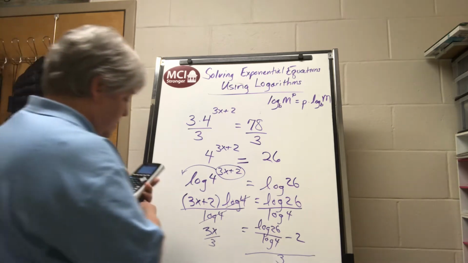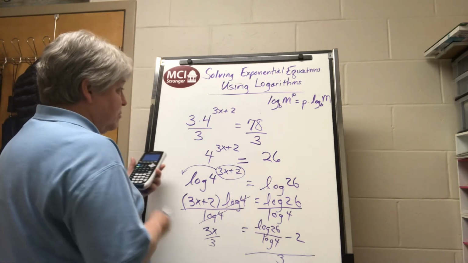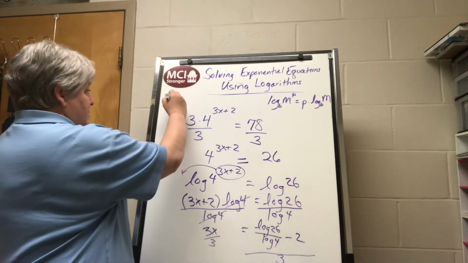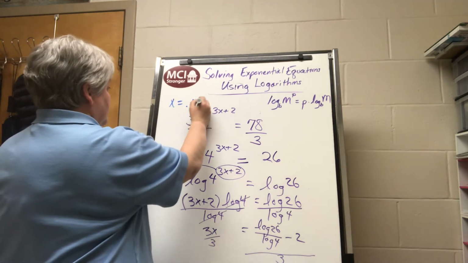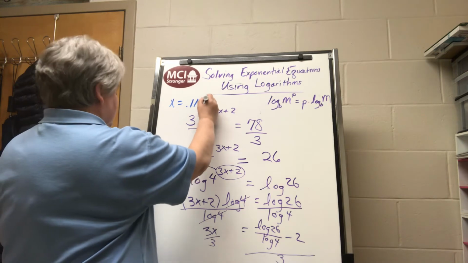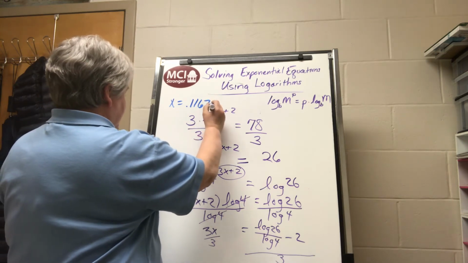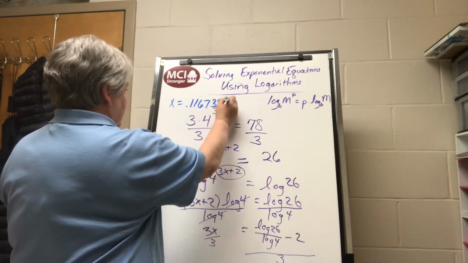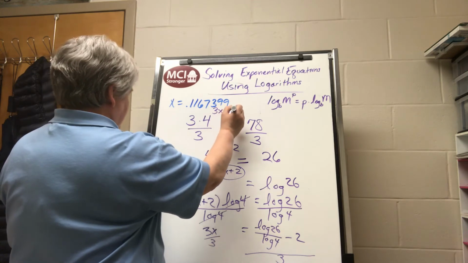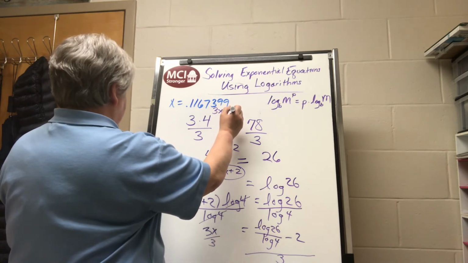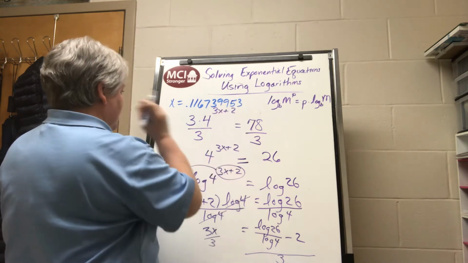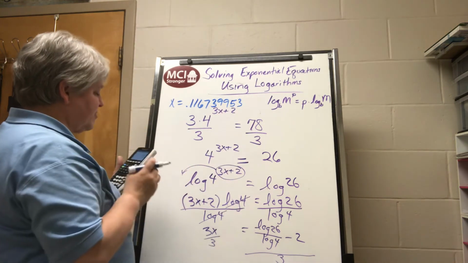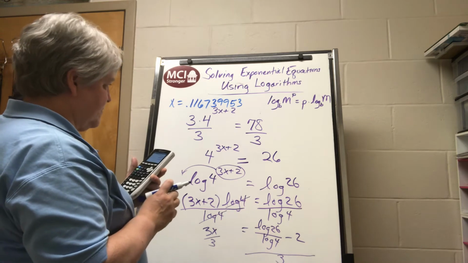So the number came out to be, I'll write it over here because I run out of room, x ended up equaling 0.1167399953.